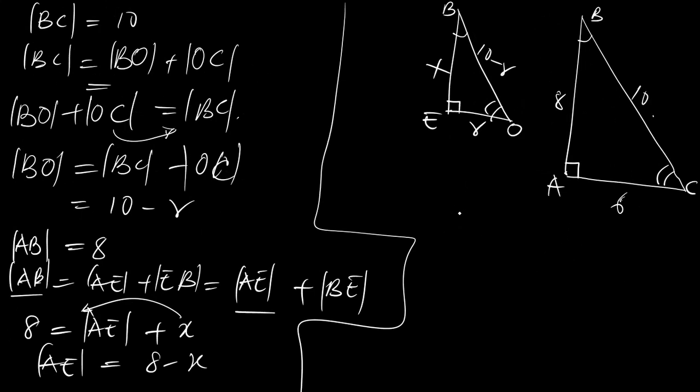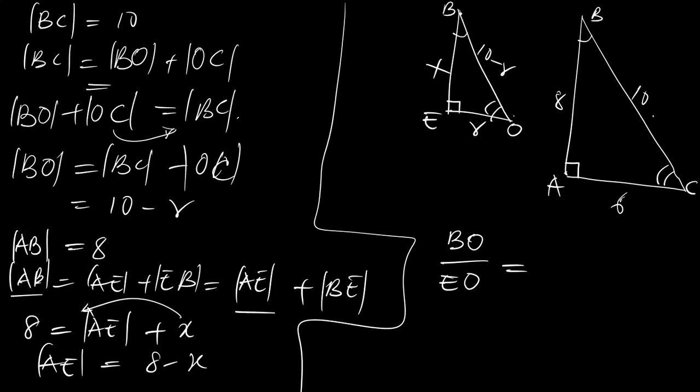Now, let's work it out. Let's look for the radius. From triangle BEO, the ratio BO all over EO will be equal to the ratio of this.